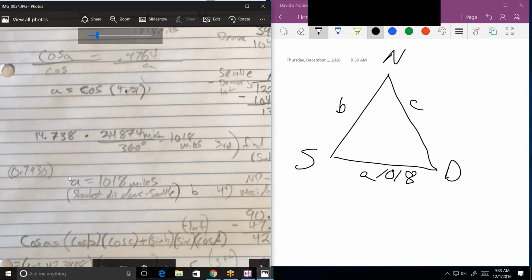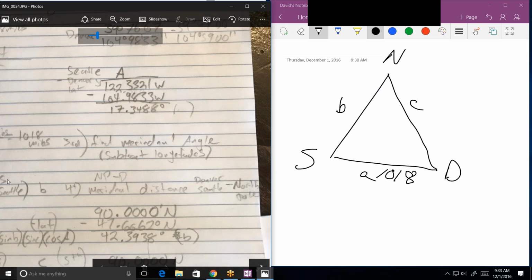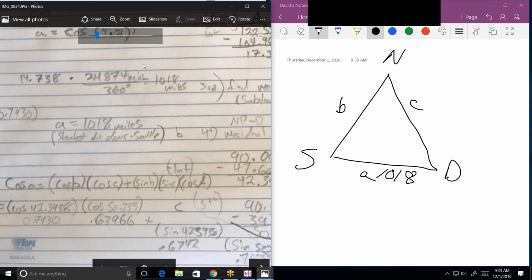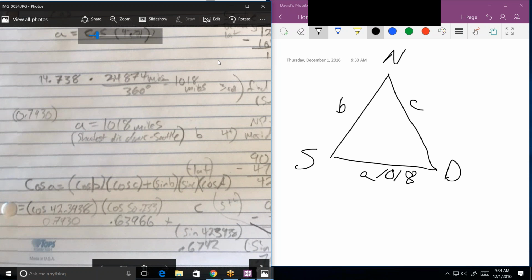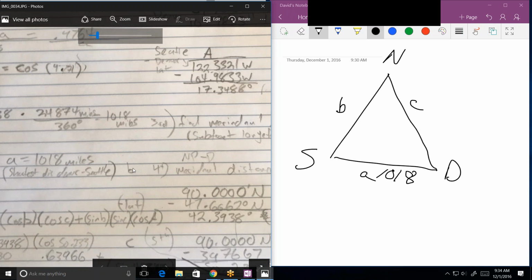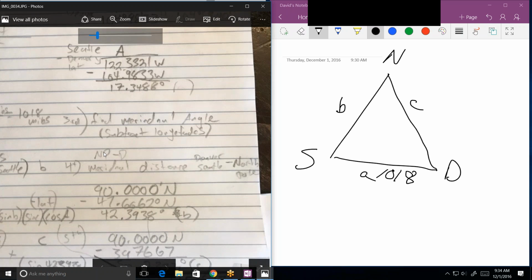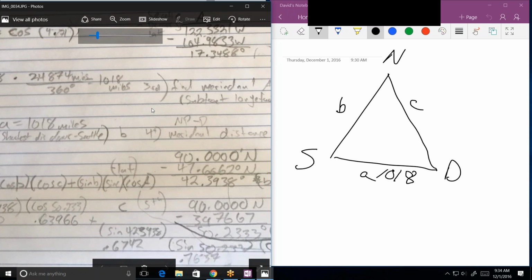Yep. Your distance for B is what? I see a B here, but I don't see a number next to it. In other words, we're going to figure out all three of these sides. Once we figure out all three of the sides, then I can figure out what angle D is. And that's what you're going to need. Okay. D. We'll tell you how to get to Seattle.